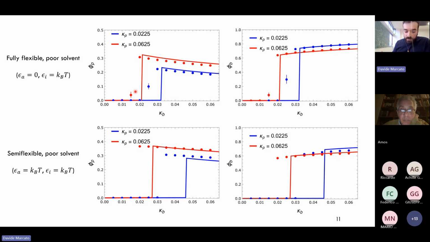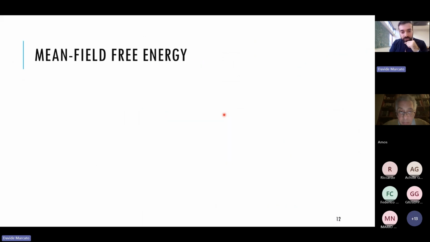However, we are working in this weird ensemble in which you don't have a direct control on the number of chains and the number of bonds, but you can only control them through these fugacities or these chemical potentials. So our idea was to try to switch to an ensemble in which you fix the total number of polymers and you fix the total number of bonds.